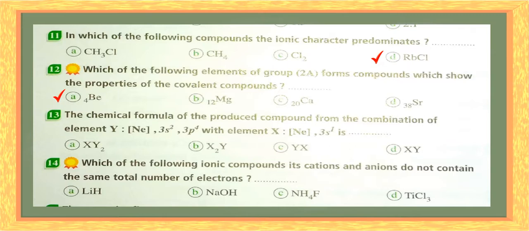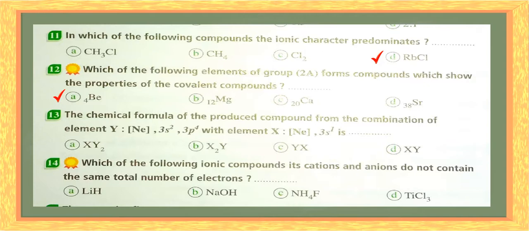Let's go to question 13. The chemical formula of the compound produced from the combination of element Y with 3s2 3p4 and element X with 3s1 is, okay, we exchange valences.